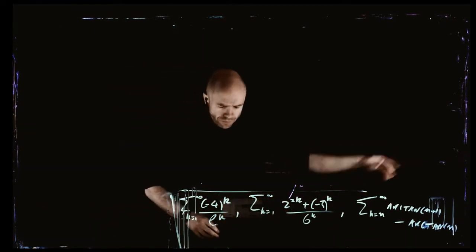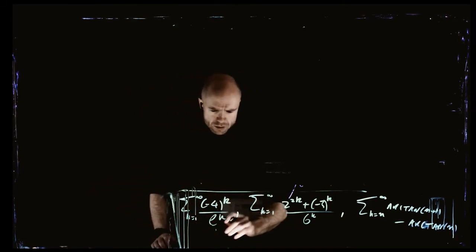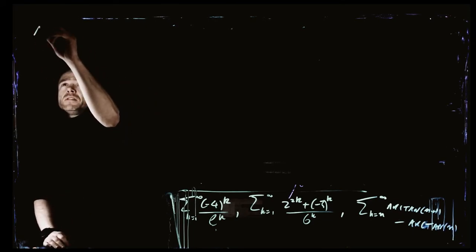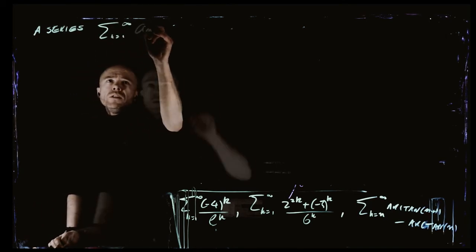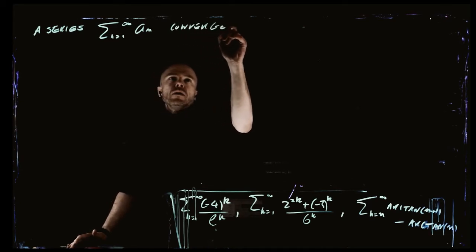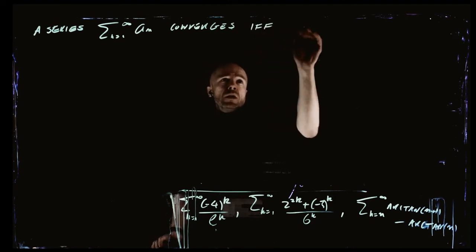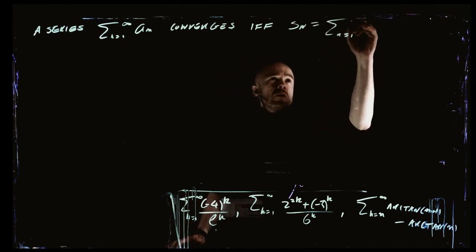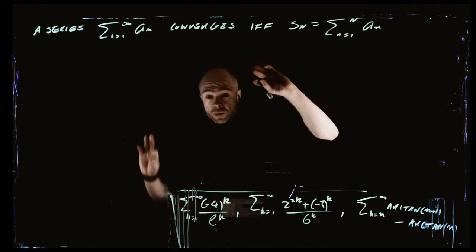All right, so can you still see this somewhat? Yeah, okay. All right, so a series, k equals 1 to infinity, converges. A series converges means the following. If and only if the following: this S_N, which we define like this, the sum n equals 1 to capital N of a_n, as we range over capital N, forms a sequence.